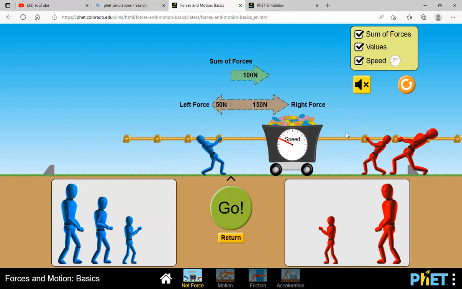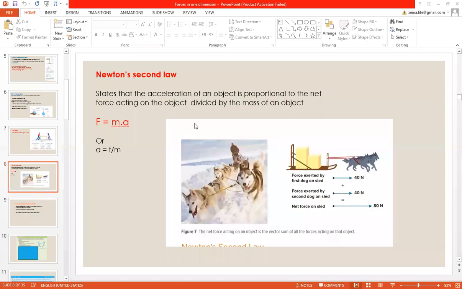What do we mean by accelerate? It will change speed with time. The speed of the system will change with time. So this lets us arrive at Newton's second law, which tells us that the acceleration of an object is proportional to the net force acting on the object.